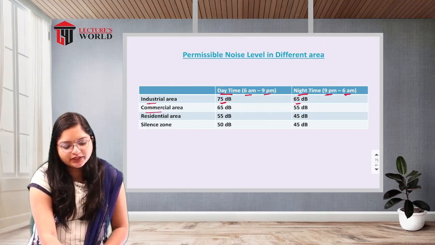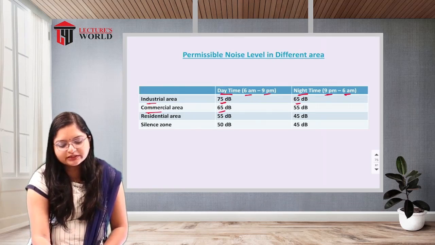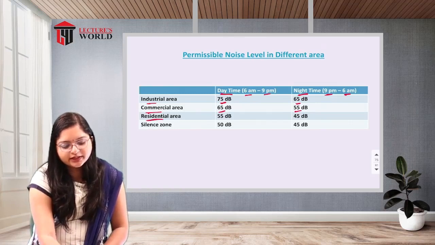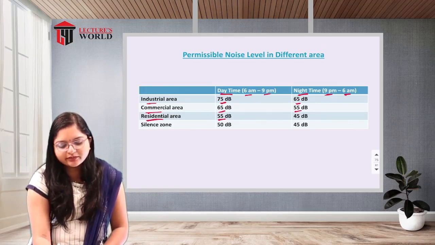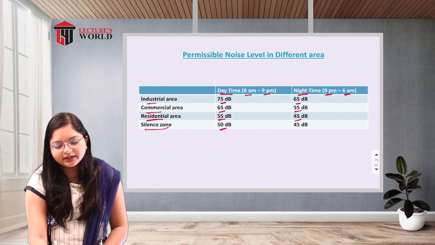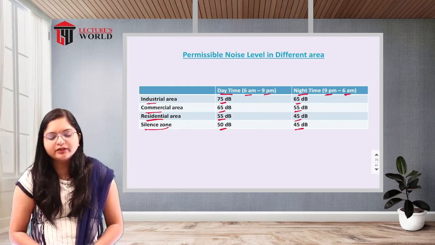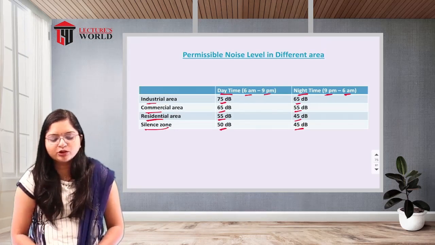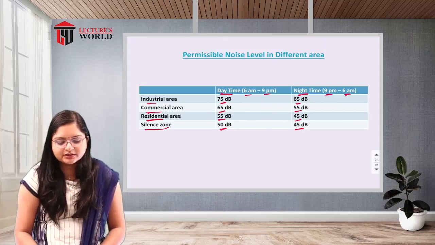In a commercial area, 65 decibels in daytime and 55 decibels at night. In the residential area, 55 decibels in the daytime and 45 at night. And in the silence zone, 50 decibels in the daytime and 45 decibels at night is permissible.